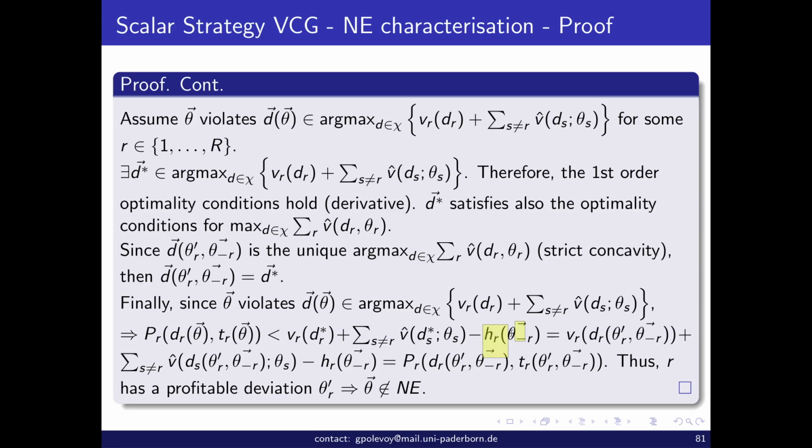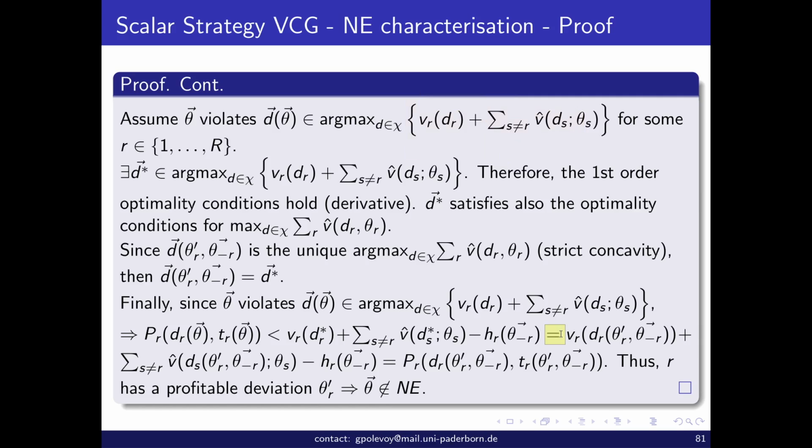We also subtract this hr, and here we write the utility. We remind that it does not depend on what the player r chooses, but we need to subtract it in order to look at the utility of the player. So that's the assumption that player r does not manage to optimize that expression by theta.